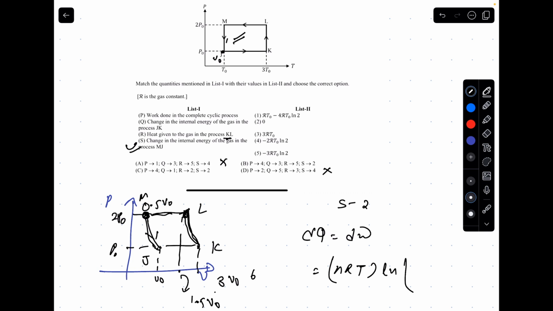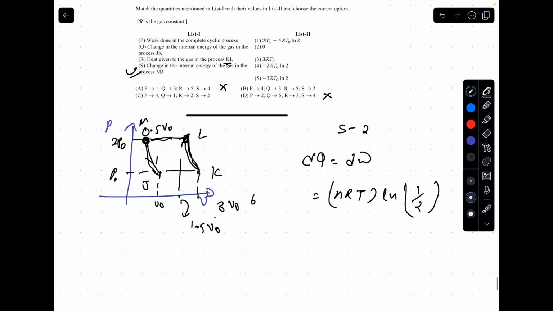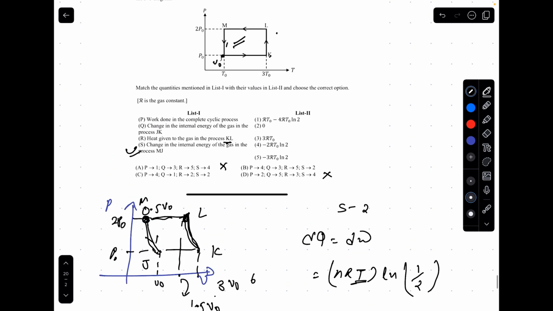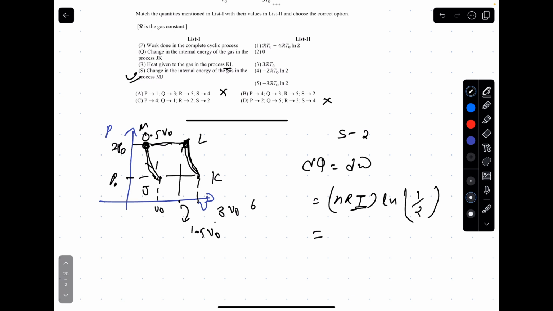So we are going from K to L, so that is P1/P2, so 1/2. And the temperature is 3T naught. Can I say that is minus 3RT naught ln 2, isn't it? So H should be 5. So R should be 5. So B option is correct in this.